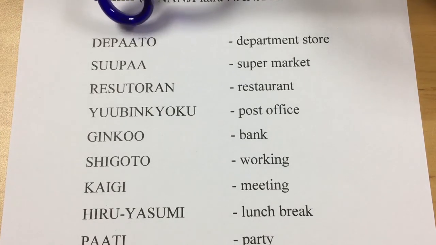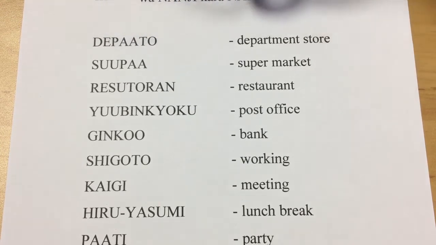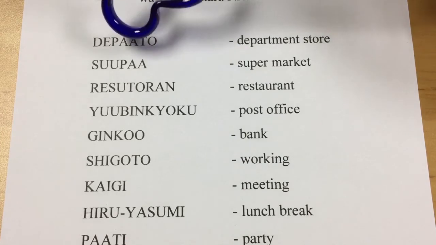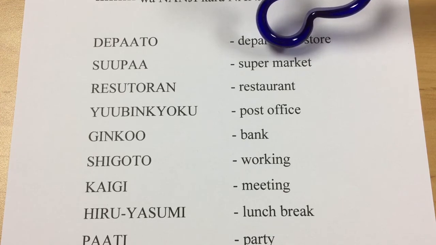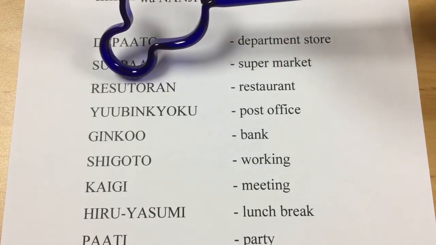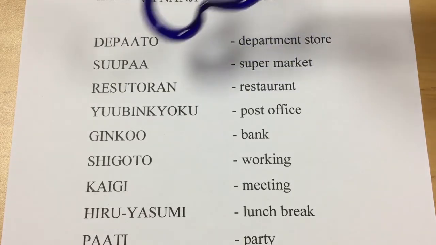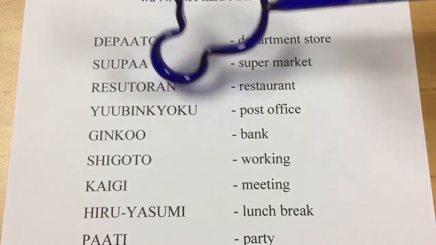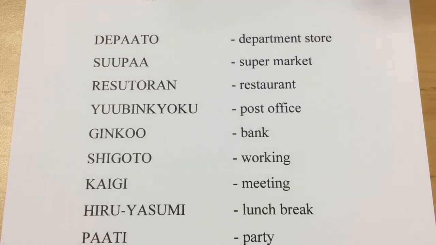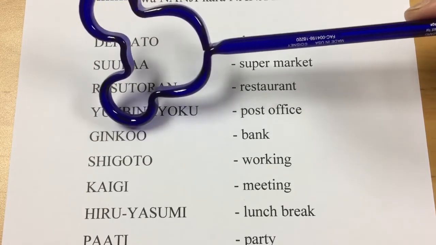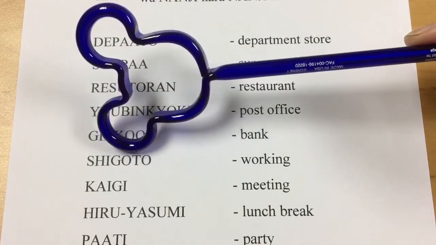Number one, デパート. デパート means department store. スーパー means supermarket. レストラン means restaurant. 郵便局 means post office. 銀行 means bank.